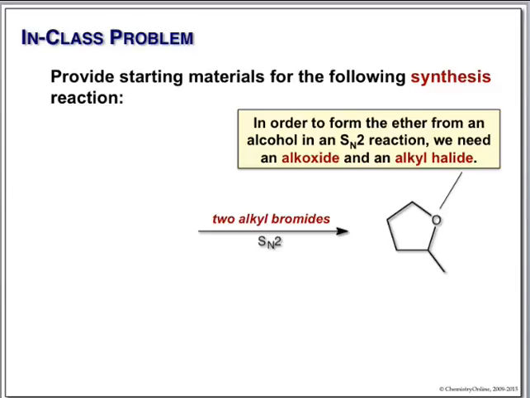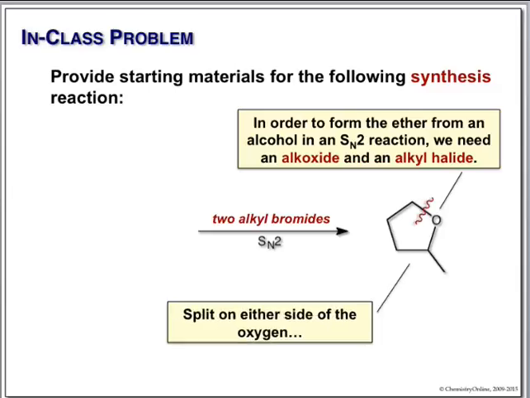What you're going to do is simply say to yourself, it's a Williamson ether synthesis, and we're just going to split on both sides of our oxygen. One side would be the alkoxide, the other side would have the leaving group. So, let's split up here. That means that the leaving group, the halogen, would be attached up on this carbon, and that this was an alkoxide.